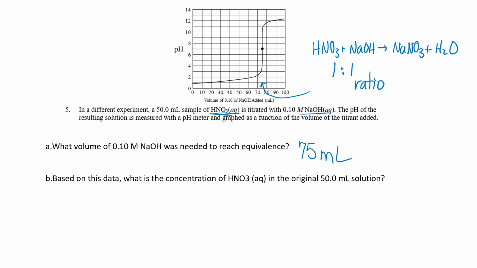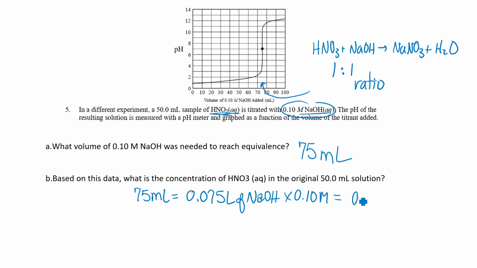So let's see. It takes 75 mils, which is 0.075 liters of NaOH to neutralize your sample. We know the molarity of NaOH is 0.1 molar. So that means we've got 0.0075 moles of NaOH. That's how much was needed to react all of your acid.